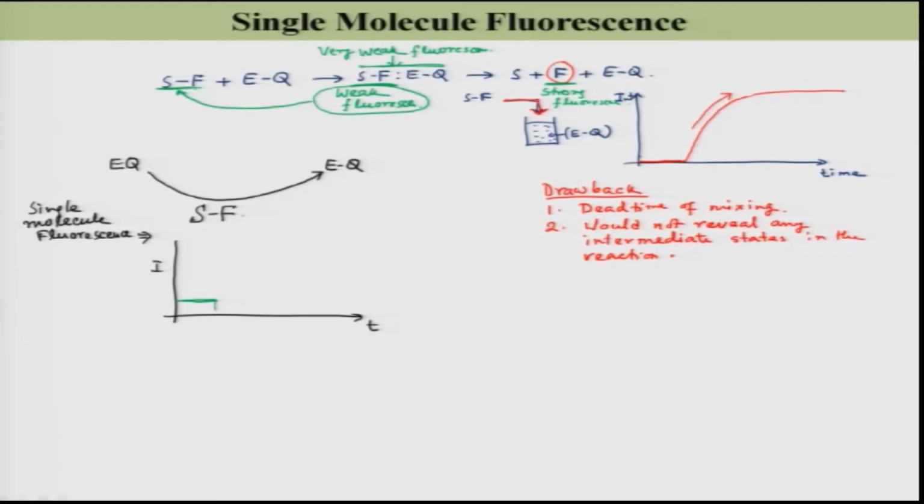So you are going to see a decrease in the fluorescence intensity, and that low fluorescence intensity region will stay for some time, and then when the reaction finishes, there will be a formation of S and the free F. So the free F fluorescence intensity will be there if you are still looking at this F. If this F goes away, then obviously we will not be able to see, but consider that you are still looking at it, then the fluorescence intensity will increase like this.